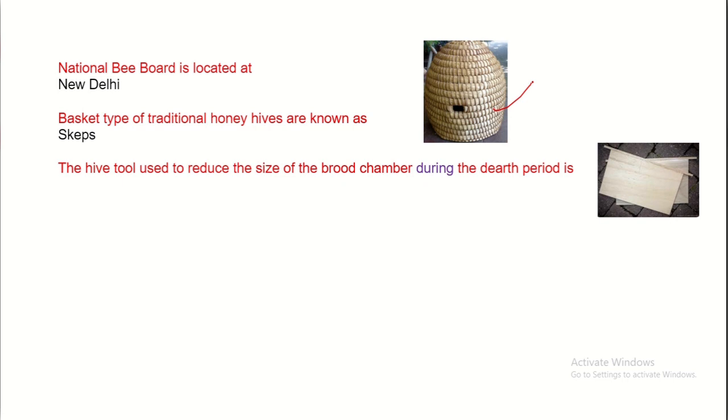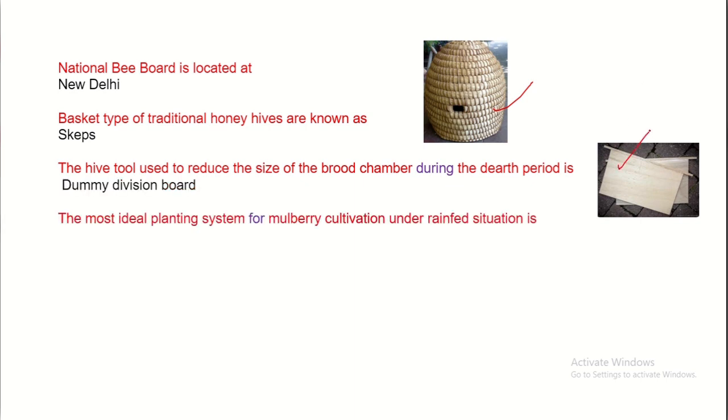National Bee Board is located at New Delhi. Basket type of traditional honey hives are known as skeps. The hive tool used to reduce the size of the brood chamber during the dearth period is dummy division board.